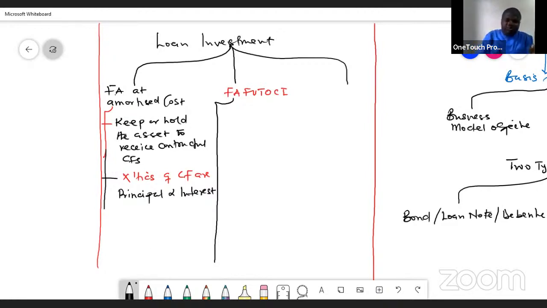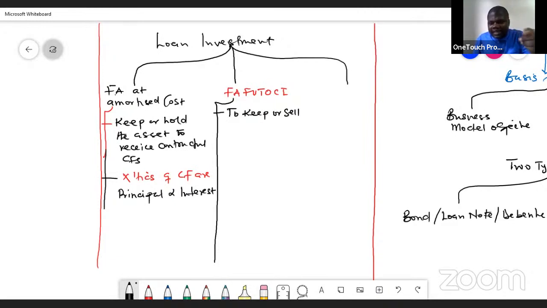If the business model objective is to keep or sell, that is, you are keeping it, but anytime you know that the value is up, or you expect that the value will fall, you will sell it.